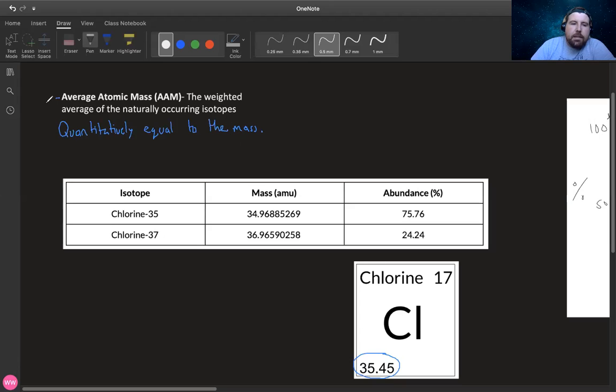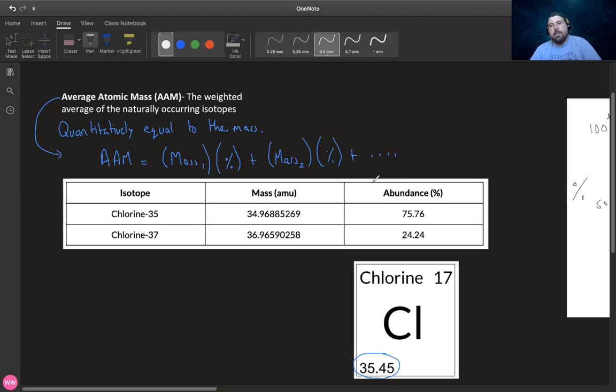The average atomic mass has an unofficial formula that I'm going to give you. AAM, average atomic mass, is equal to the mass of isotope 1 times its abundance, plus the mass of the second isotope times its abundance, plus the mass of the third isotope times its abundance, plus the fourth, fifth, for however many stable, naturally occurring isotopes exist for that substance.